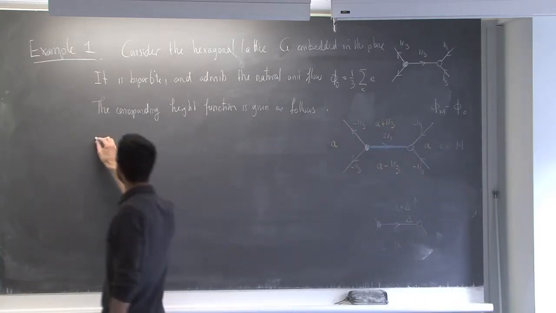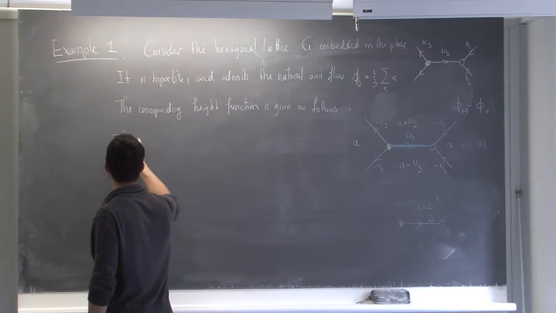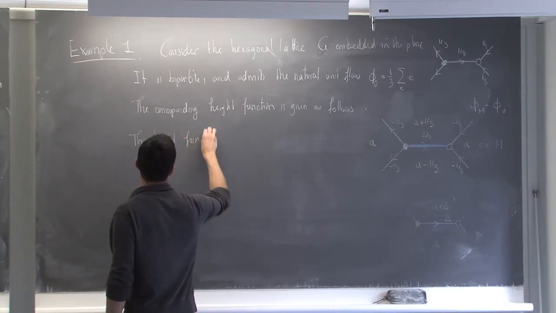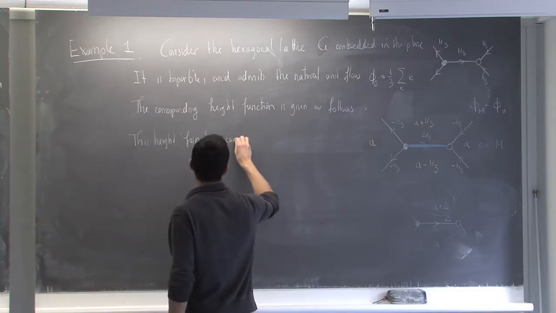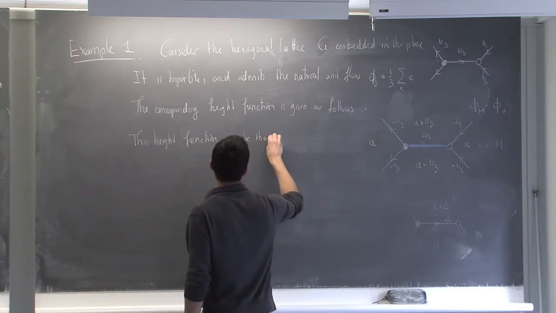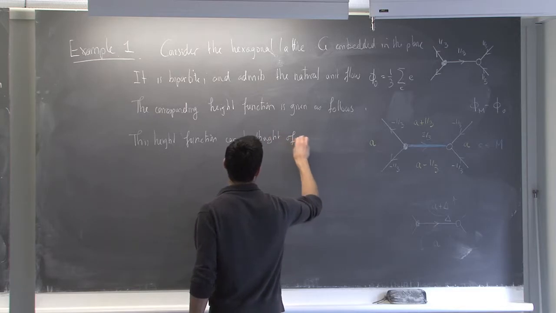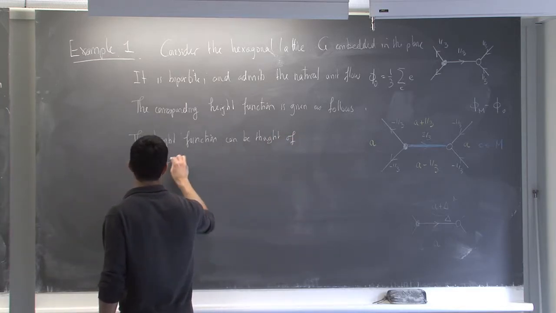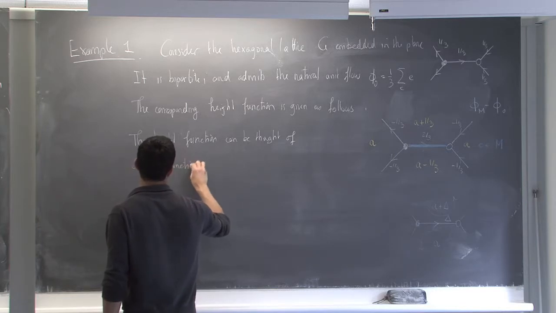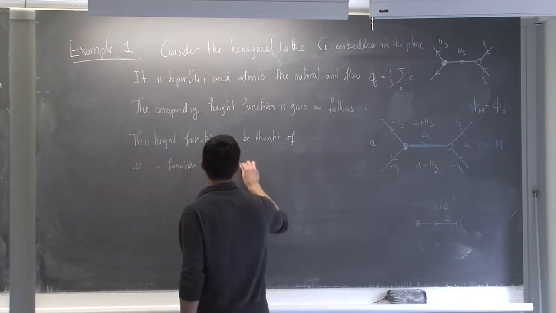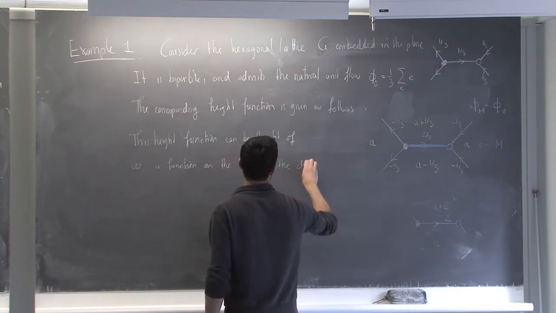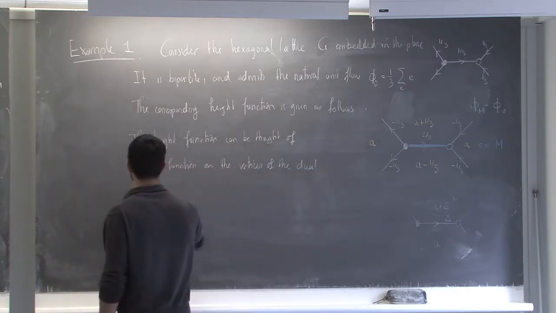So this height function can be thought of as a function on the vertices of the dual triangular lattice.